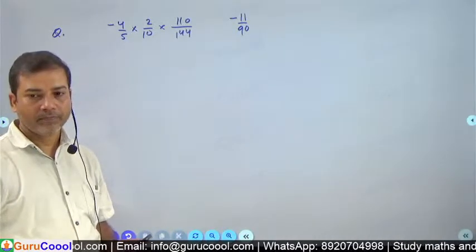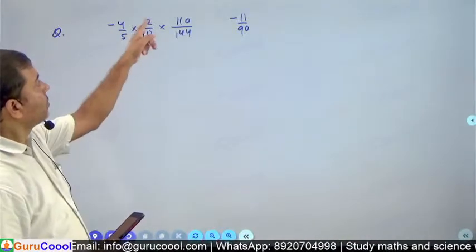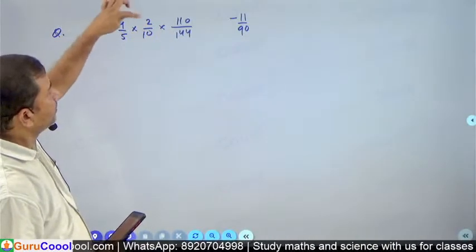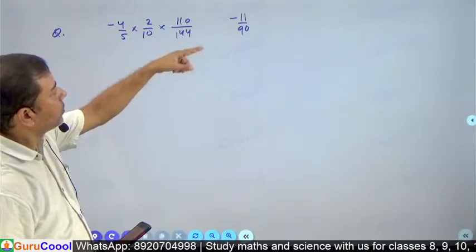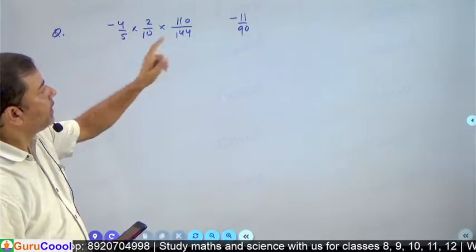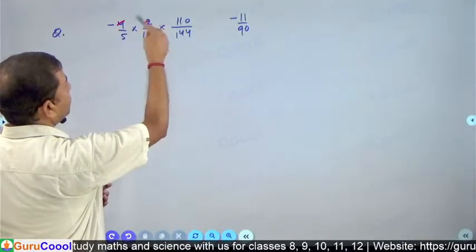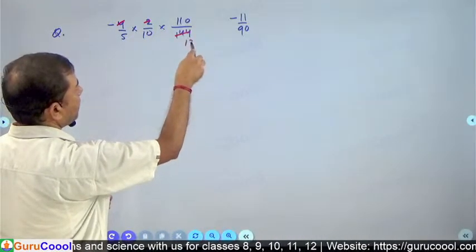Sir, 18. Yes, 18. So 4 to the 8 and 8 18s are 144. That means 4 gone, 2 gone, 144 gone. What is remaining then? 18. So 4 and 2 both gone, this also gone. 18 remaining.